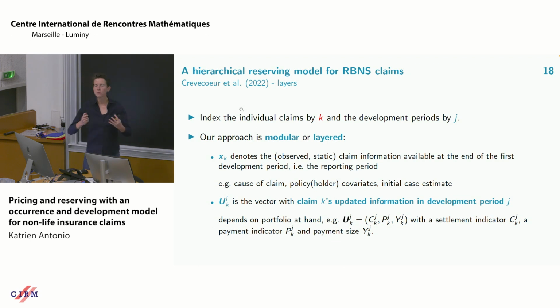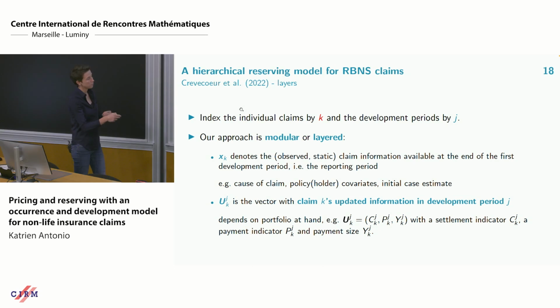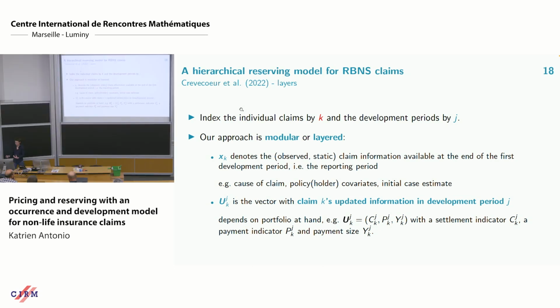And this can be multi-layered, right? We can, for instance, be interested in the closing of the claim, so with a settlement indicator, 0, 1, that we follow for each claim k in each development period. We can be interested in, is there a payment, yes or no, with a payment indicator, and if there is a payment, what is the corresponding size?